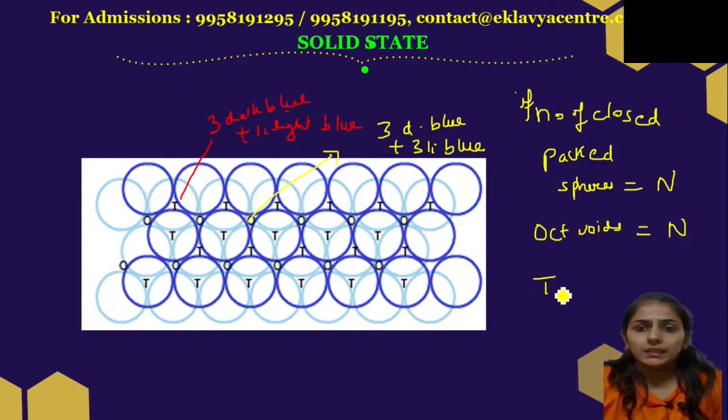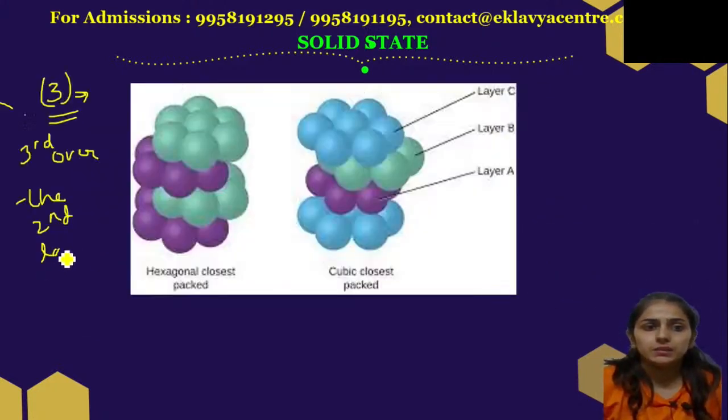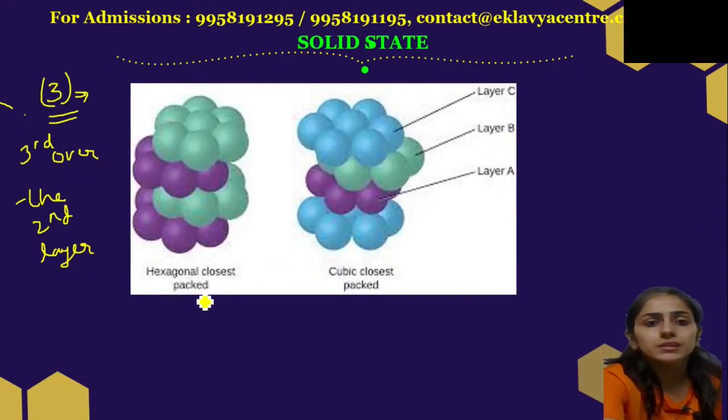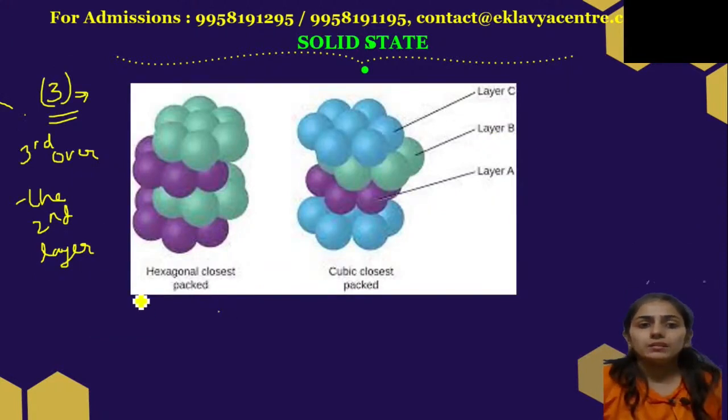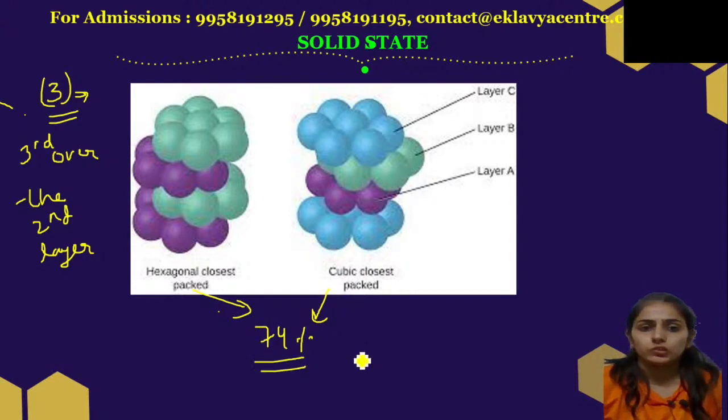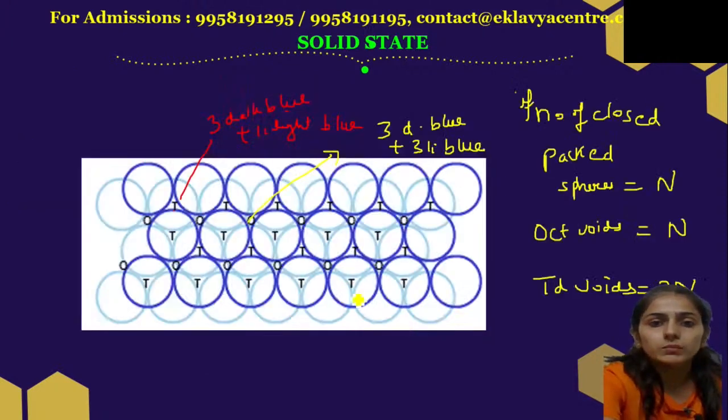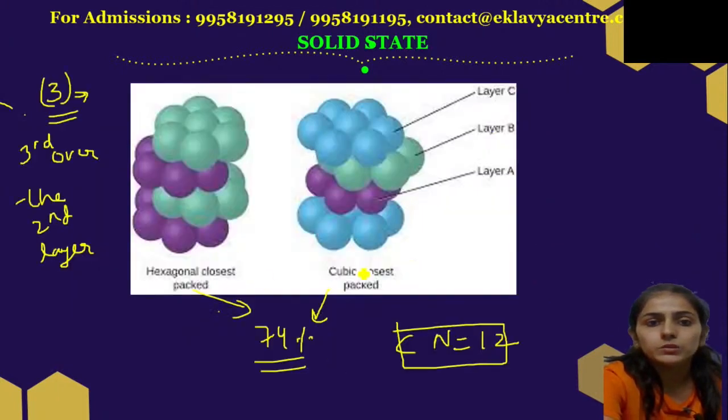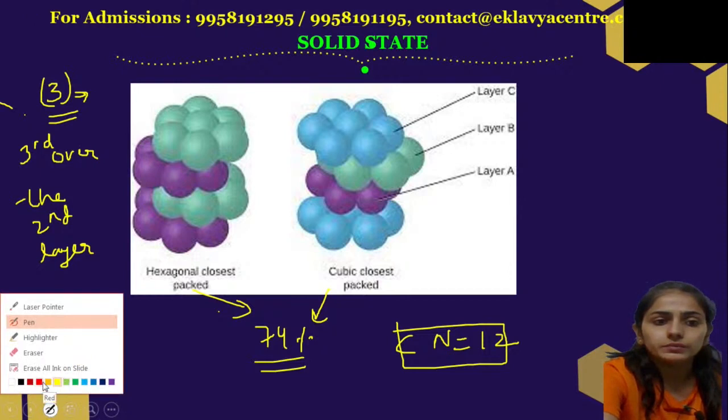For hexagonal close packing, this is HCP and this is cubic, and the packing efficiency of HCP and CCP is very high, it is 74%. We have already found out the packing efficiency, and the coordination number of any atom is 12. Here the coordination number is 12 for both the cases. Since this is a 3D structure, you can try to find it out.